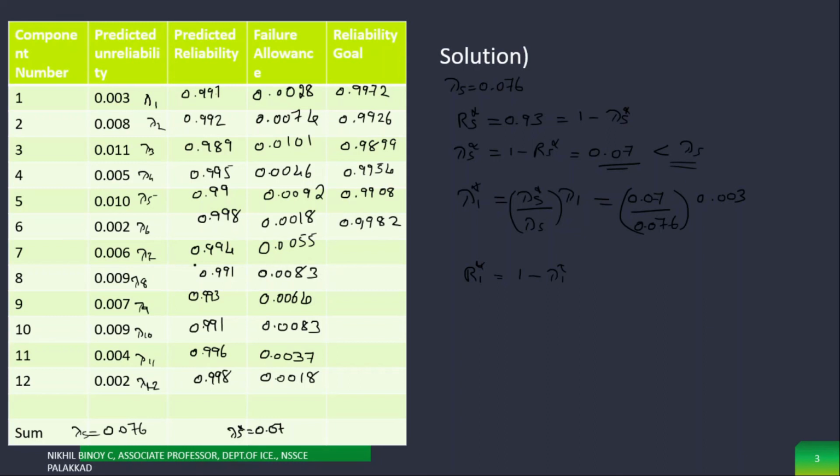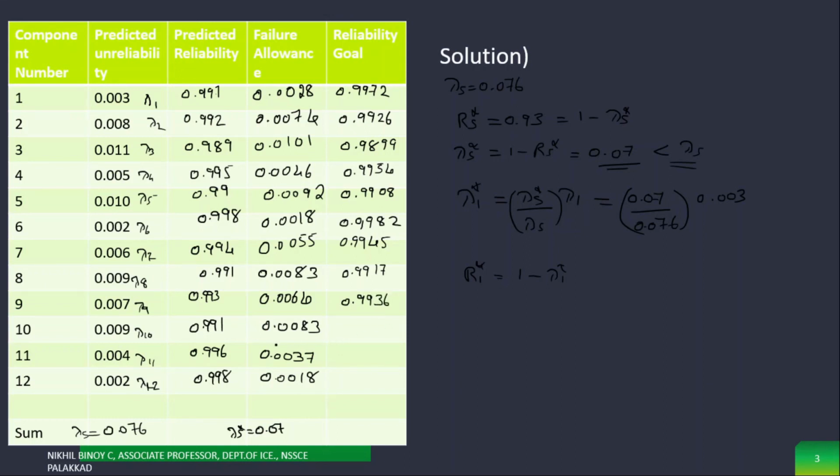Okay. Now the reliability goal of the seventh component is 1 minus 0.0055, that is 0.9945. The reliability goal of the eighth component is 1 minus 0.0083, so that is 0.9917. The reliability goal of the ninth component is 1 minus 0.0064, that is 0.9936.